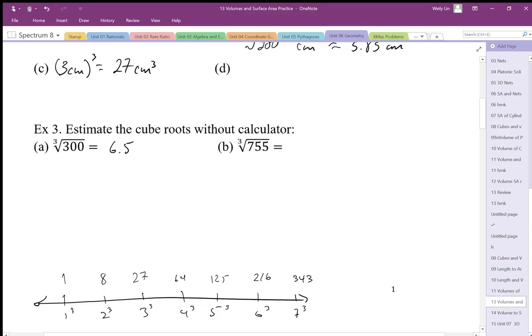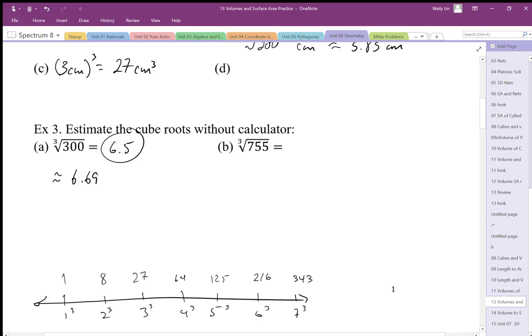You don't have to be very close, as long as you're in between the right integer values. If we actually work this out, it should be closer to 7, but let's check. The cube root of 300 gives us 6.69. So our estimate somewhere between 6 and 7 is good enough.